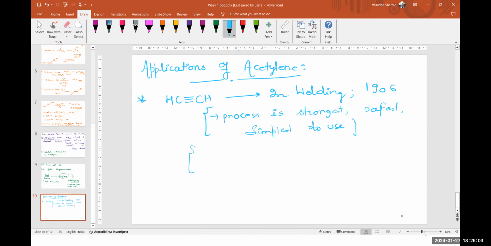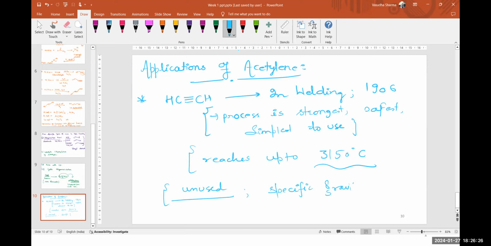Secondly, it can reach a temperature of 3150 degrees Celsius, a very, very high temperature, when mixed with oxygen. And acetylene, if it is left unused, since it has a specific gravity of 0.9, which is lesser than air, will not do anything because it will go away.